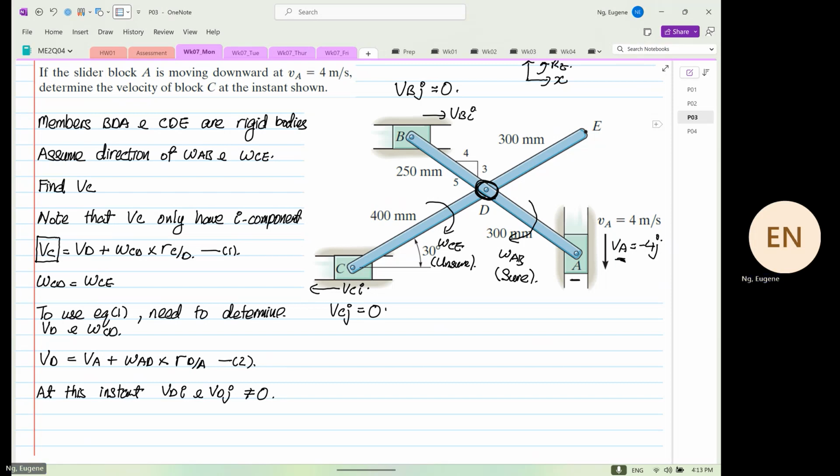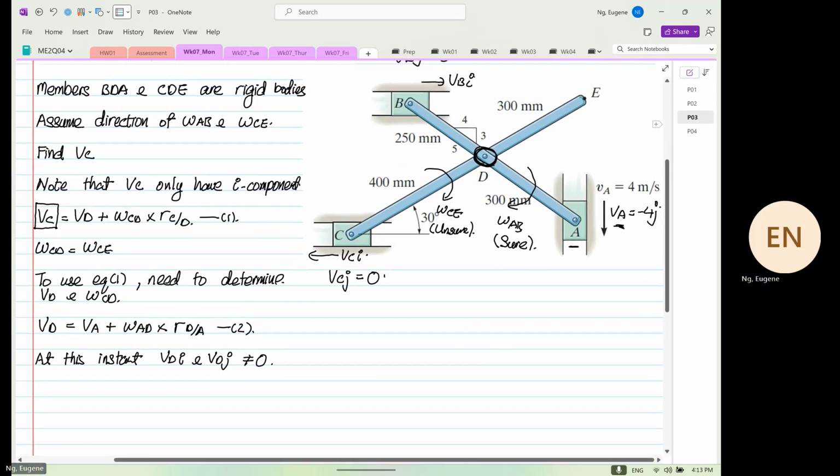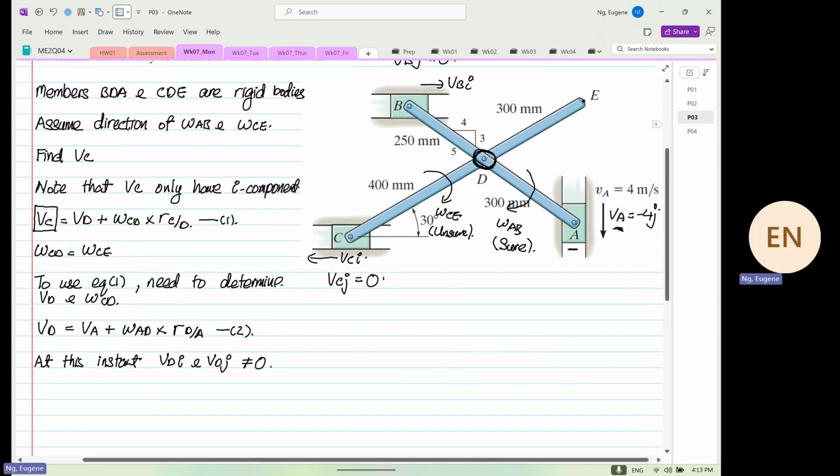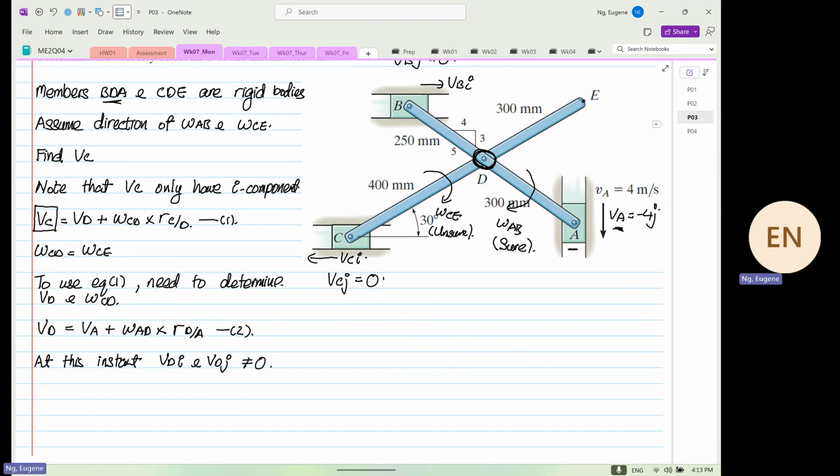Yes or no? But watching it further, we already declared that members BDA are what? Rigid body. Can you still recall what we mean by rigid body? That it will not bend, yes or no? The structure or member BDA and member CDE will not bend.